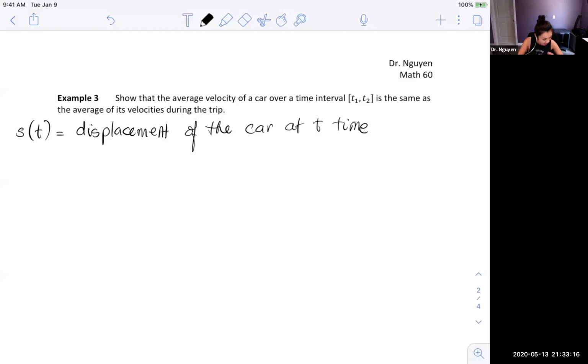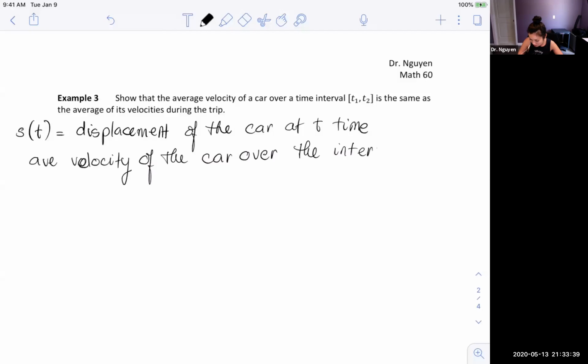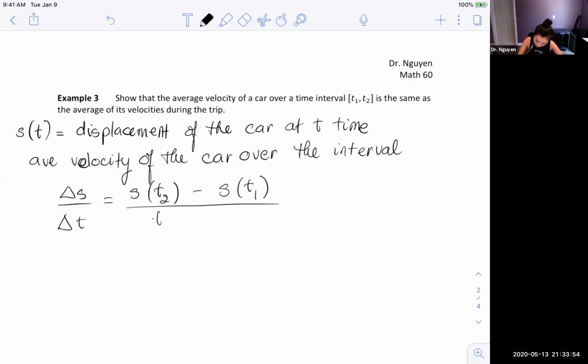Then by definition, the average velocity of the car over the interval would be delta s over delta t. So it's going to be s of t2 minus s of t1 over t2 minus t1. Okay, so straightforward. We know that.